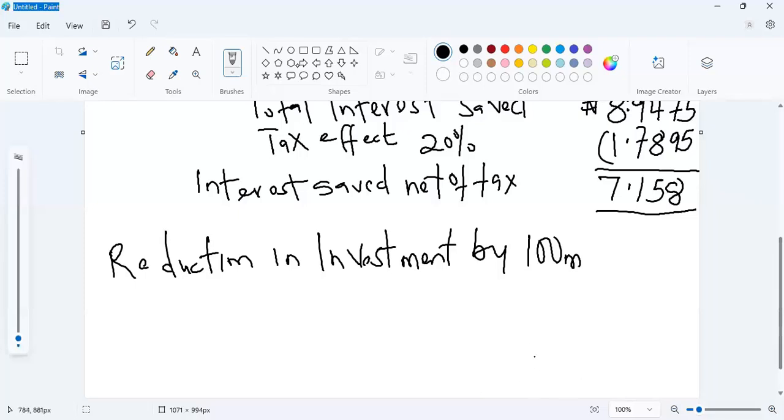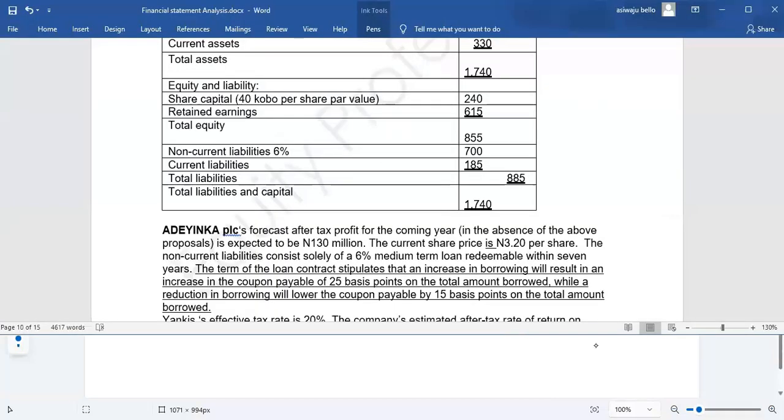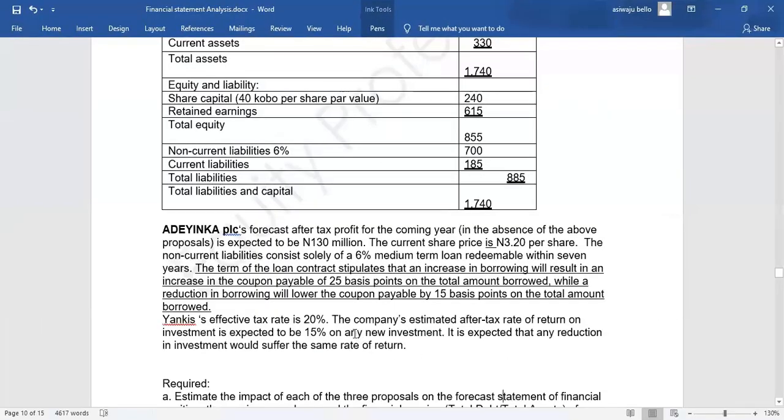Now, what is the rule? Where there's a reduction in investments, let's go back to the question. Please look at the last paragraph again.